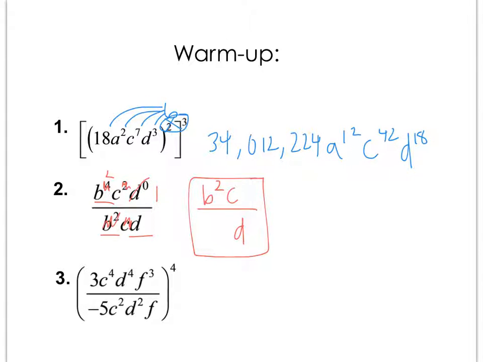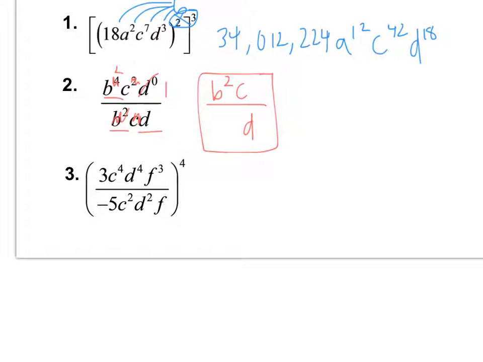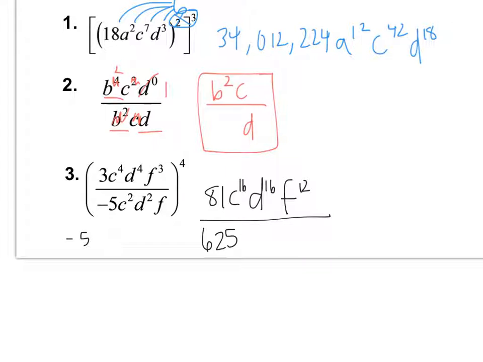All right, last one here, number 3. I'm going to distribute that 4 to everything inside the parentheses. So when I do that, I get 3 to the 4th, which is really 81, c to the 16th, d to the 16th, and f to the 12th, all over negative 5 to the 4th power, which is positive 625, again because I have 4 negative 5s.